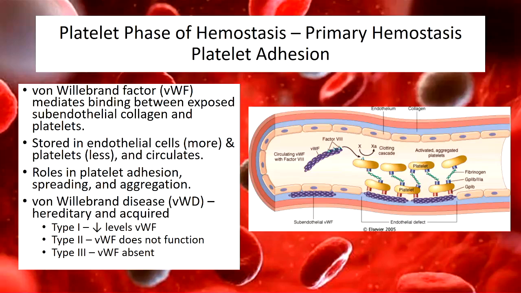So let's talk about the platelet phase. Okay, this is what basically happens, if you recall: you get a damaged blood vessel. Okay, and there's von Willebrand factor, and it's in several places. It's floating around in your blood. It's also in platelets and released when the platelets start to aggregate together to kind of keep things going.